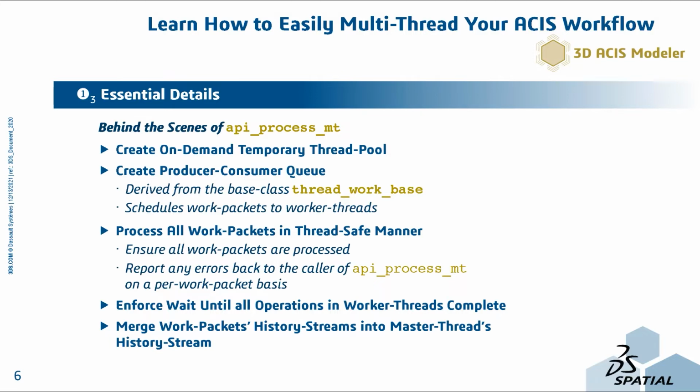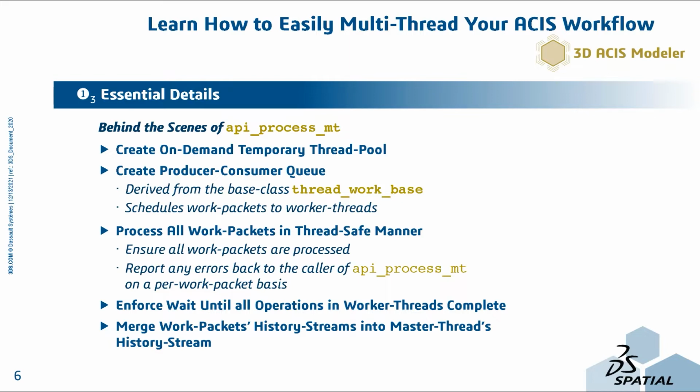Second, API process MT creates a producer-consumer queue derived from the long-standing base class thread work base, and schedules work packets to worker threads. Third, API process MT processes all work packets in a thread-safe manner. Any errors are reported back to API process MT on a per-work packet basis.